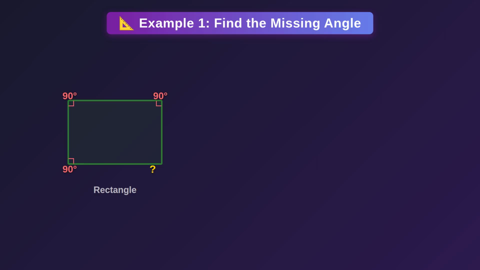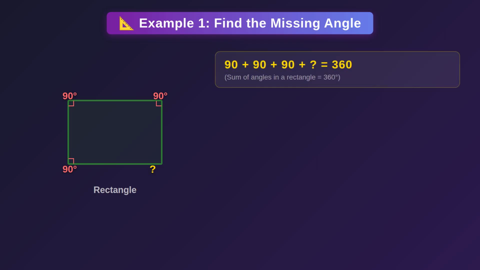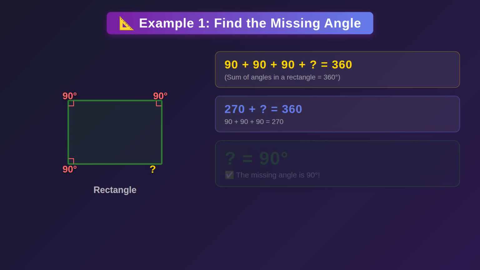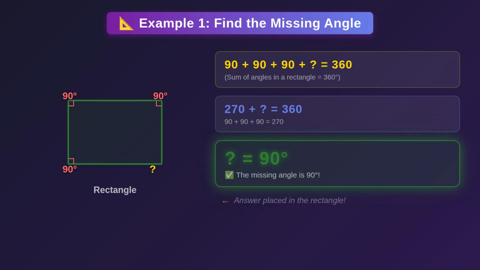Okay, let's try the first problem Maya finds on her worksheet. She has a rectangle with 3 angles labeled 90 degrees each, and she needs to find the 4th. Here's how we use our 360-degree rule. We add the 3 known angles. 90 plus 90 plus 90 equals 270. Now we subtract from 360. 360 minus 270 equals 90.